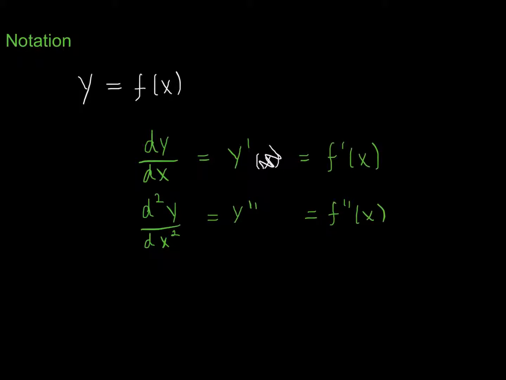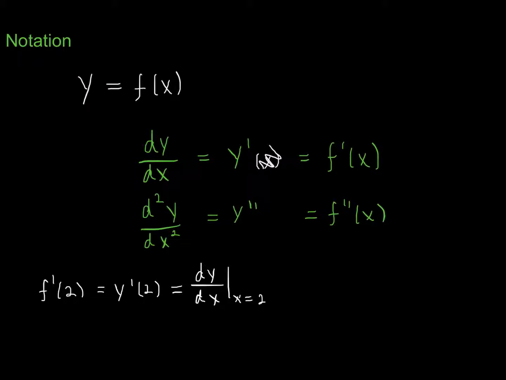Now a couple more things here. Let's say I want to find the value of the derivative at x equals 2. You could say y prime of 2. And another way to represent this is dy/dx when x equals 2.